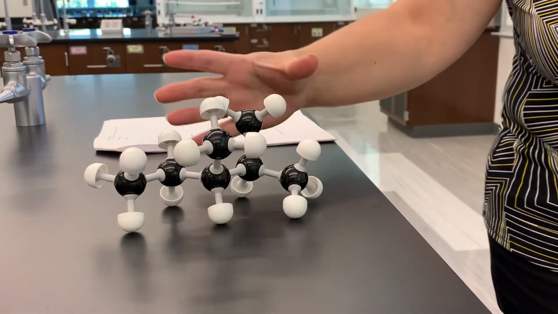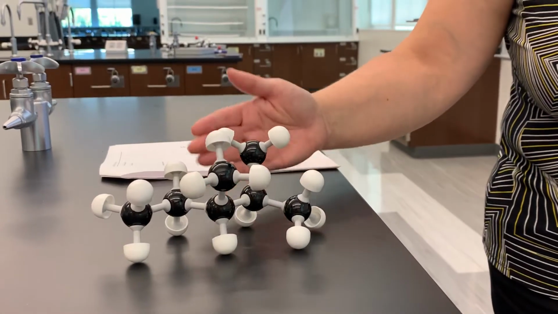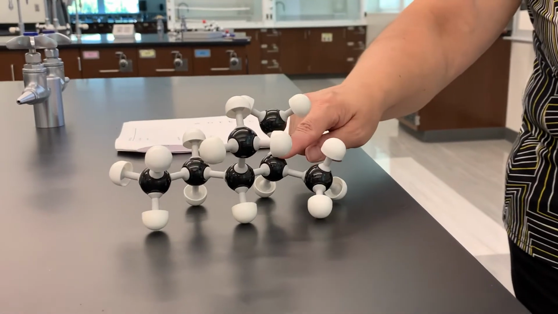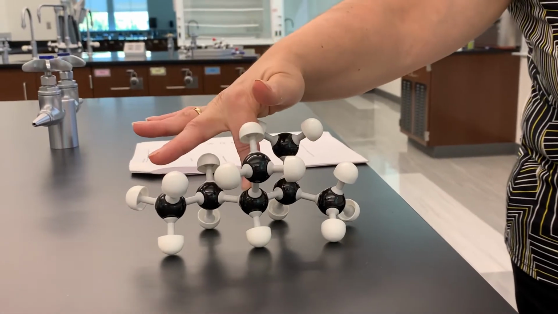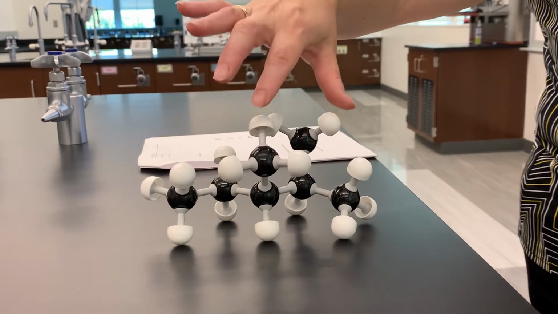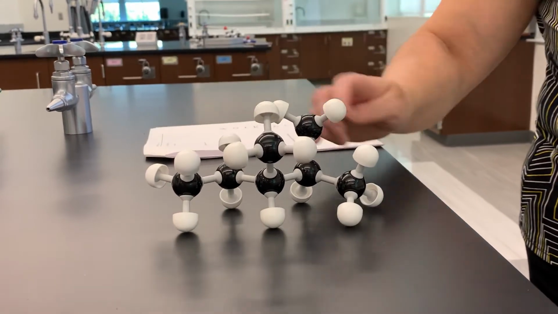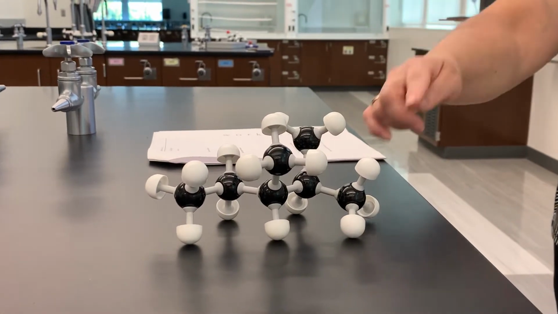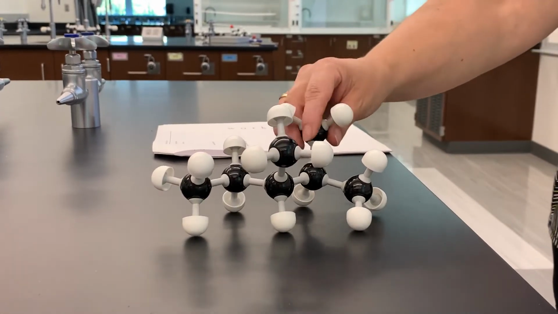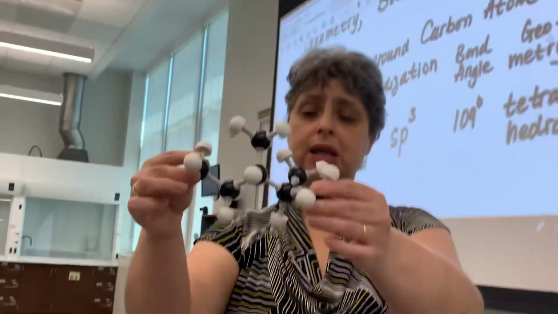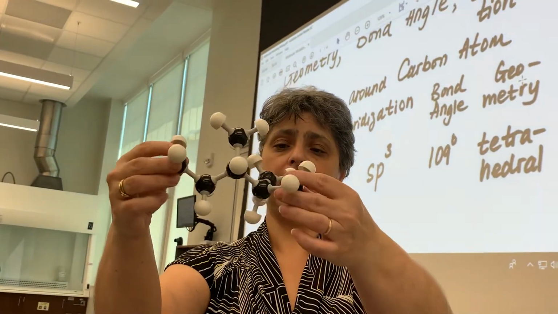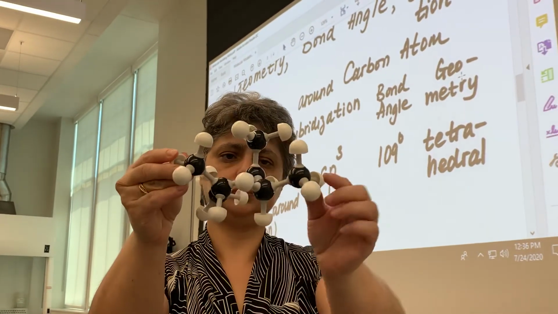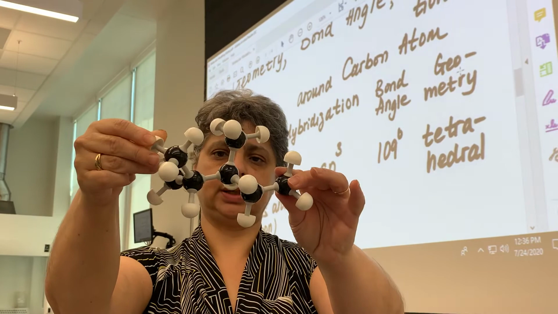So what would be the full, complete, correct name for this particular structure? Well, it would be 2,3-dimethyl, because there are 2 methyls, pentane, because there's 5 carbons in the chain, in the longest chain here. So this is the model for 2,3-dimethylpentane. I'm going to turn it around slowly so you can get a look from all angles.